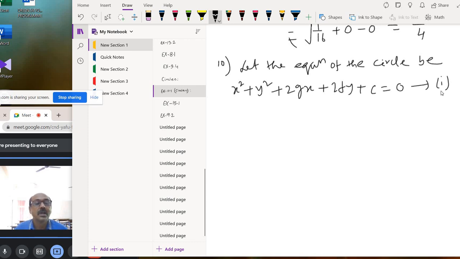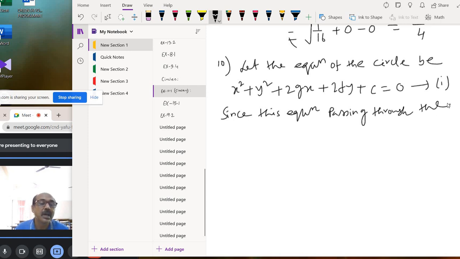Now, since this equation passes through the points 4, 1 and 6, 5, first put the first point 4, 1, x equal to 4 and y equal to 1, in equation 1.